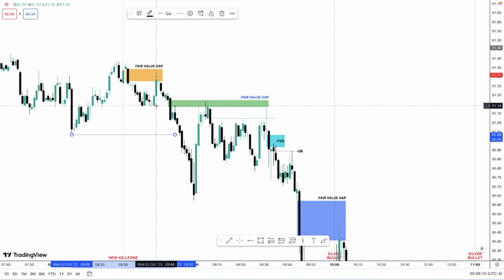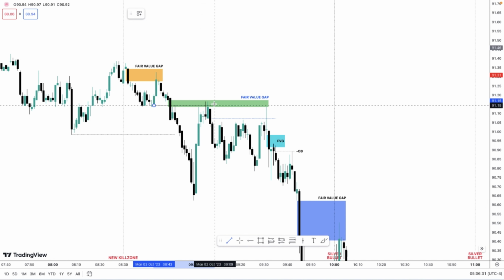So we can see price trading to these order blocks, these consecutive candles. That's one, two, three candles. That's one order block. So you can see the opening of this price, you're looking up here, the opening of this bearish order block.